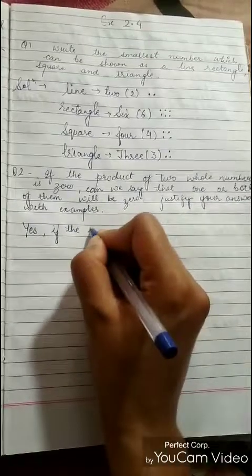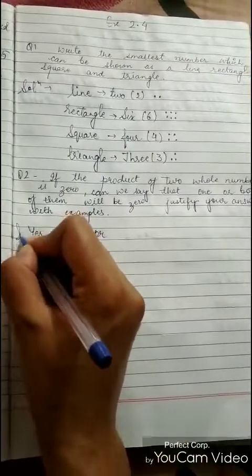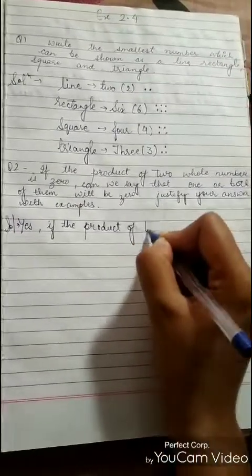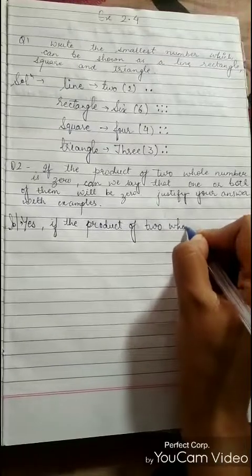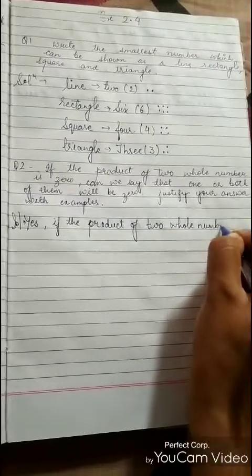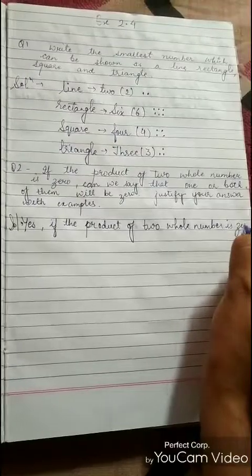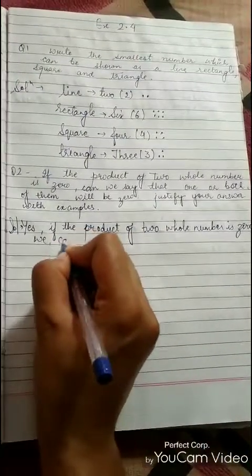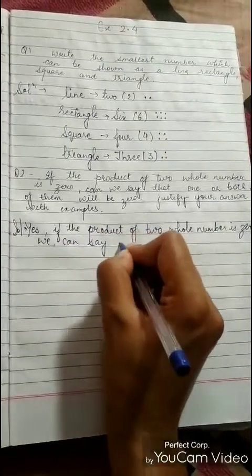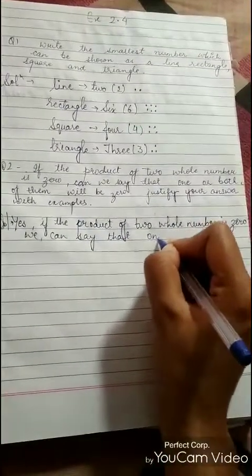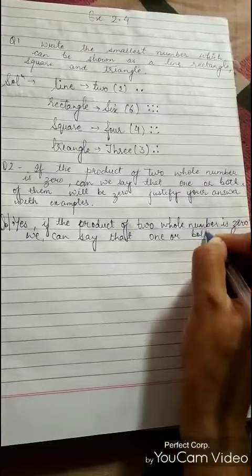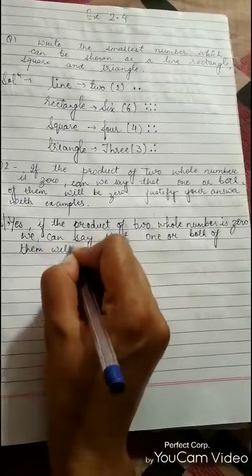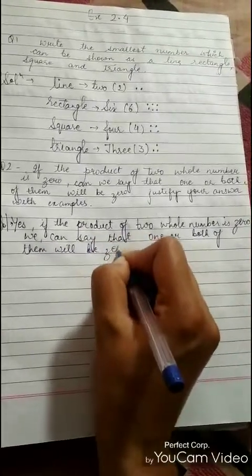Solution first: if the product of two whole numbers is 0, we can say that one or both of them will be 0.